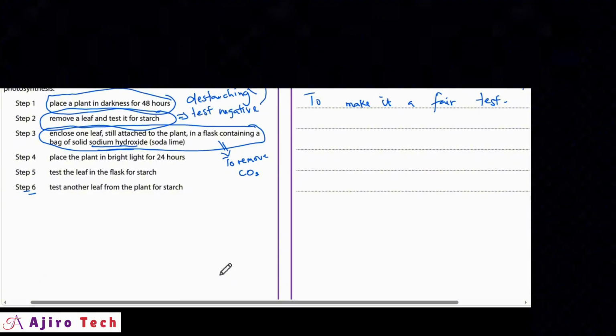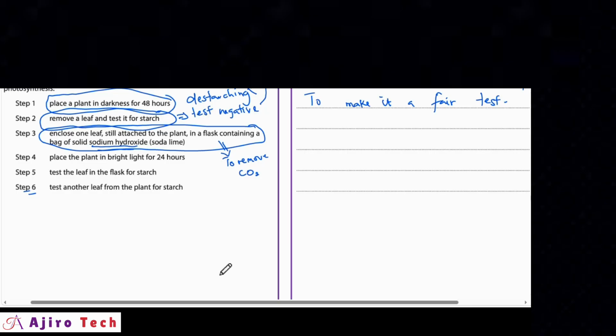You know, if the leaf in that flask that contains sodium hydroxide tests positive for starch, it means two things: either the sodium hydroxide has expired, or we didn't rubber bung the flask properly, so air is still entering.